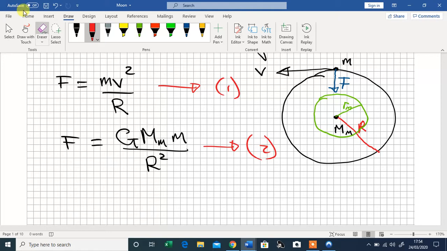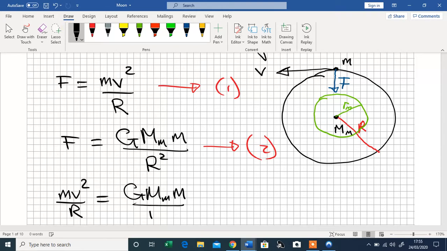Now, because this system is a geostationary system, that is, the satellite is in a geostationary position above the moon as it travels around it, we can equate equations 1 and 2. So that's what we're going to do. Let's go and write this down then. So we've got mv squared over R equals G M little m over R squared.